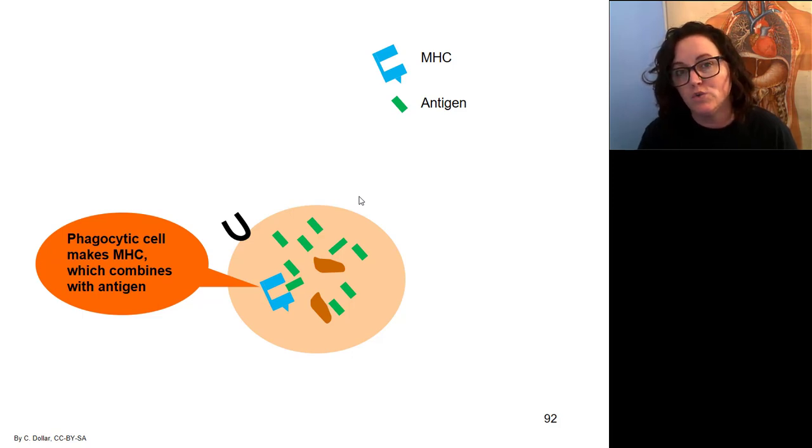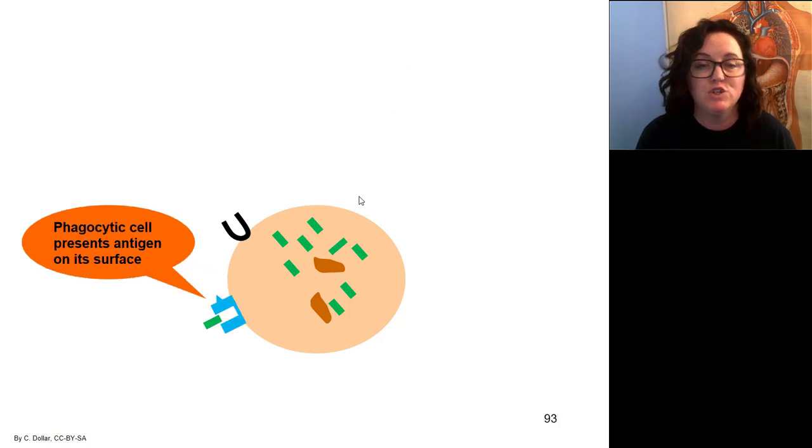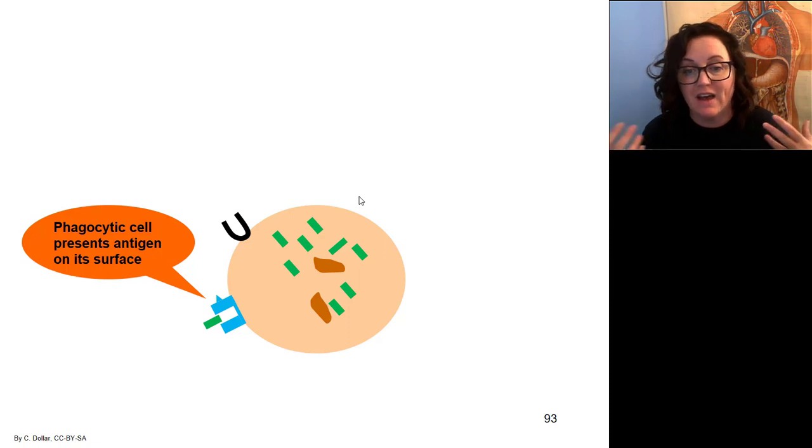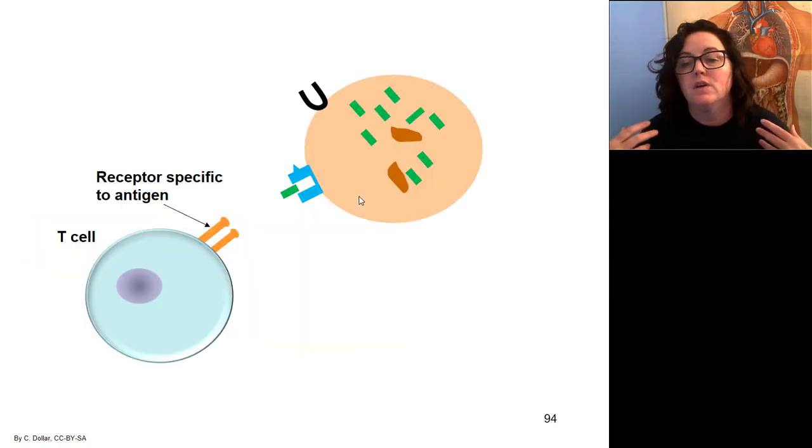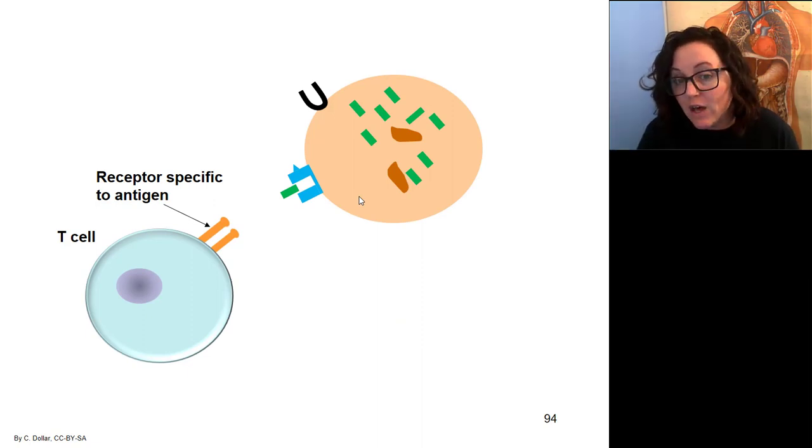Now what we're going to do is we are going to use MHC protein to present the antigen on the surface of the macrophage. Basically, the macrophage is saying, hey, look what I found. Are there any T cells out here that recognize this? Because I found this, and it's holding it out on its surface. Now along comes a T cell.